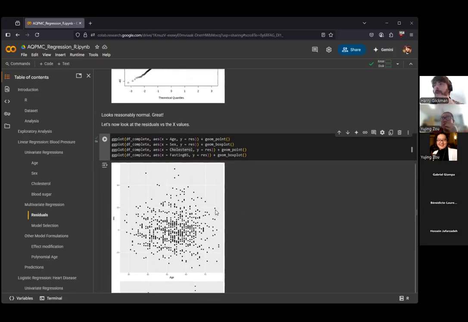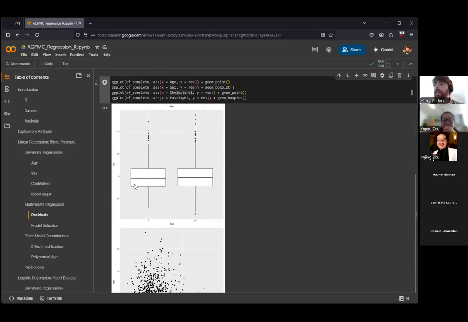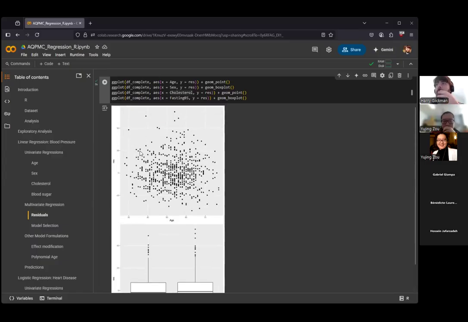So we're not seeing that here. This looks pretty random, which is exactly what you want to see. No particular pattern, and you also don't want to see anything like a weird quadratic relationship here, because that would indicate that the actual relationship wasn't linear between age and blood pressure, which again here, there's nothing like that.